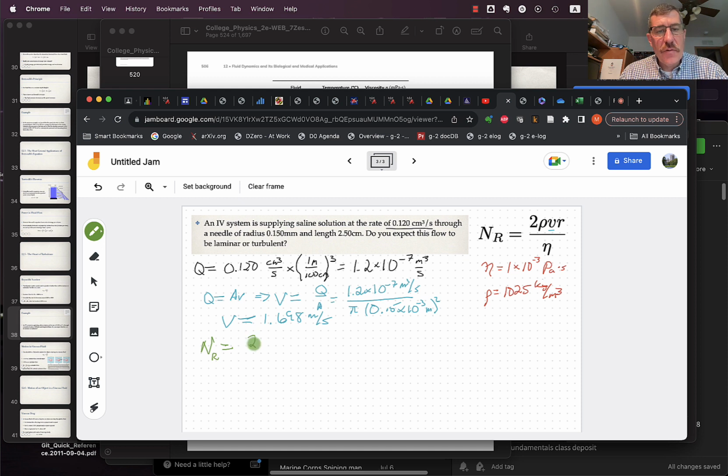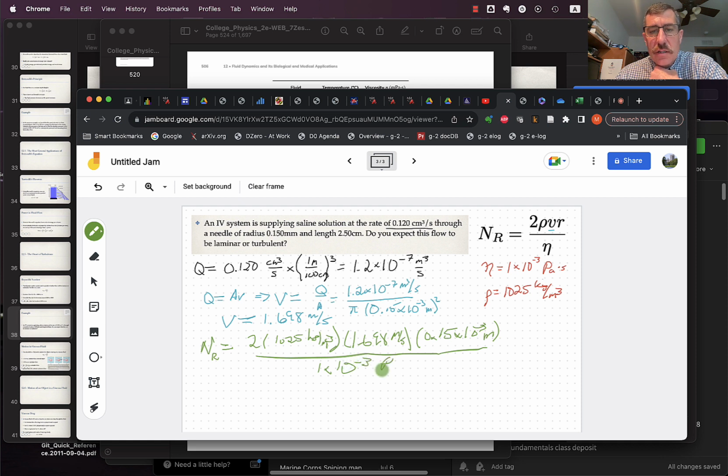From the equation over here, the Reynolds number is going to be 2 times the density, 1,025 kilograms per cubic meter, times the velocity, 1.698 meters per second, times the radius, 0.15 times 10 to the minus 3 meters, divided by the coefficient of viscosity, 1 times 10 to the minus 3 Pascal seconds.